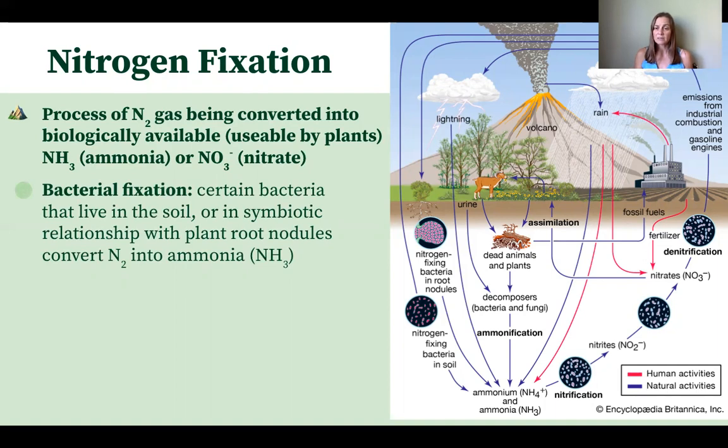So there are some bacteria that live in the soil. There are some bacteria that live in a symbiotic relationship in root nodules of certain plants. And those bacteria, whether they're living in the soil or whether they are those associated with certain plants, convert nitrogen into ammonia. And that process is called fixation.